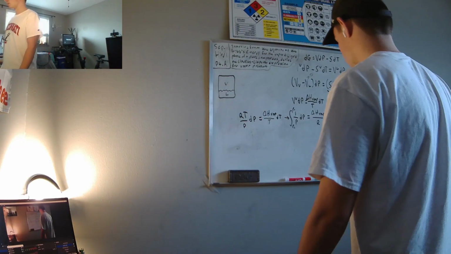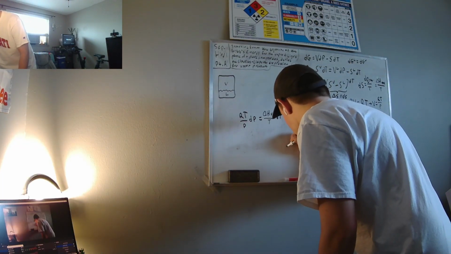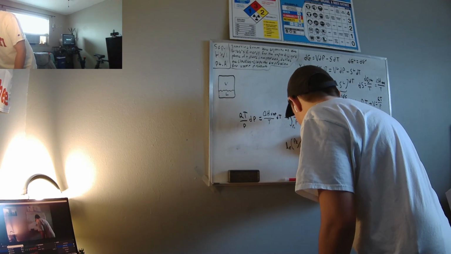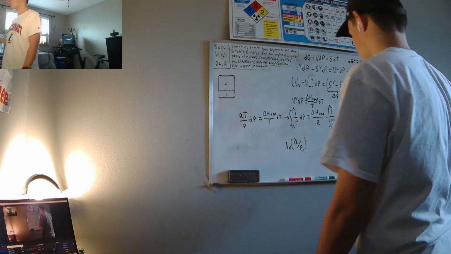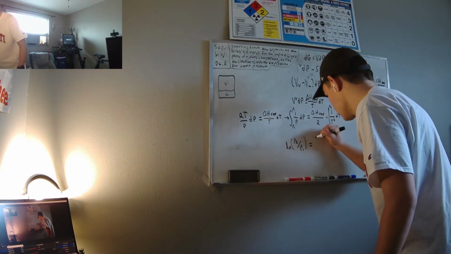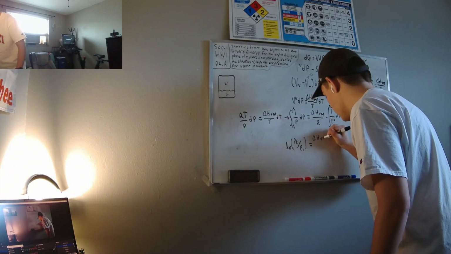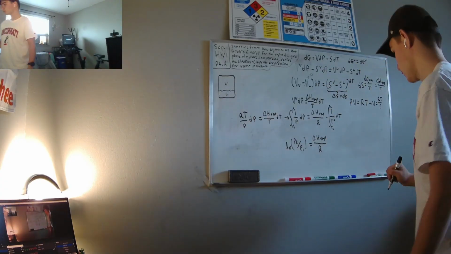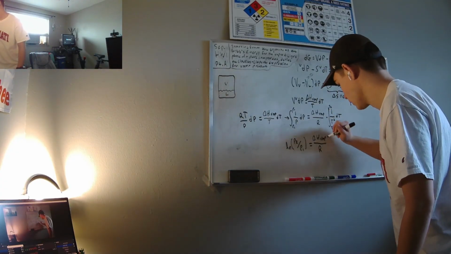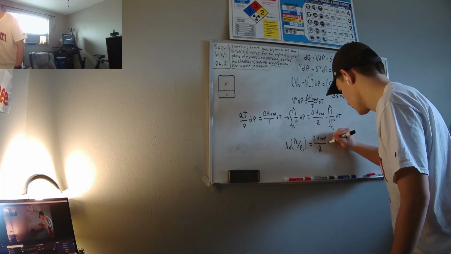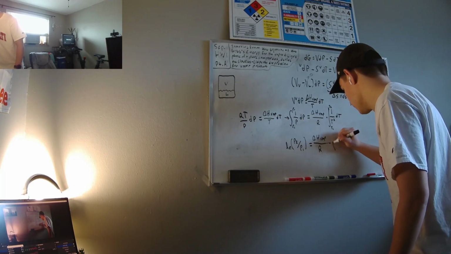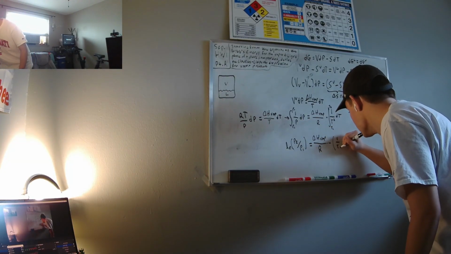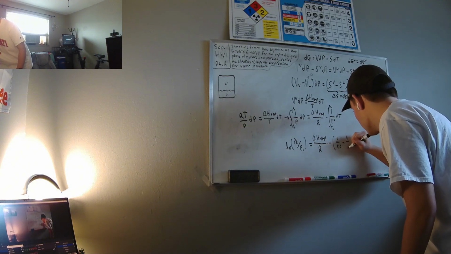What we're going to get from this is the natural log of P2 over P1 is going to equal our delta H vap over ideal gas constant R times negative 1 over T2 minus 1 over T1.